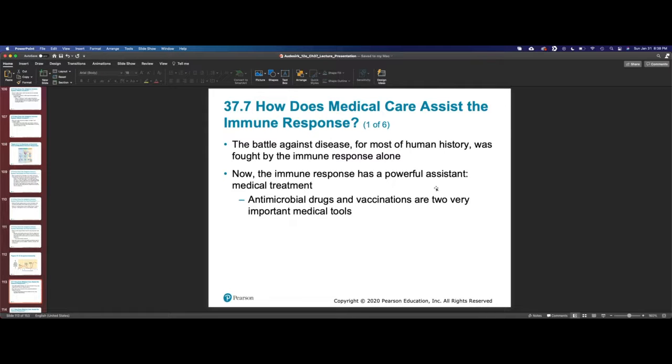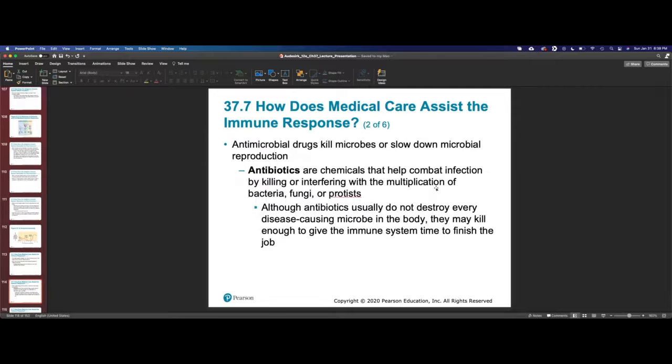So we have antimicrobials which can help you when your immune system is not properly equipped to fight off the infection. Antibiotics, they mainly deal with fighting off bacteria. You technically have antifungals for fungi because fungi are eukaryotic, so they're closer in structure to us human cells than bacteria are.